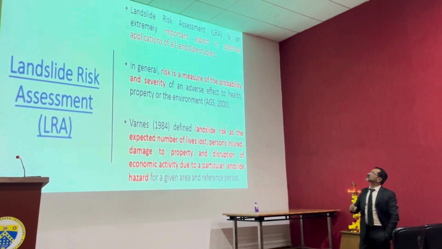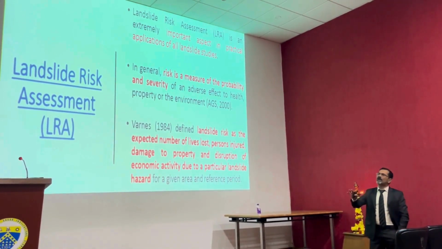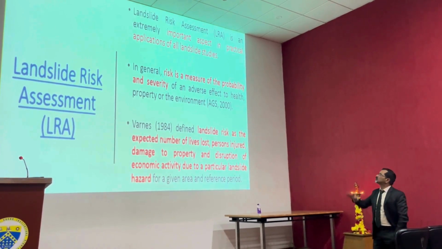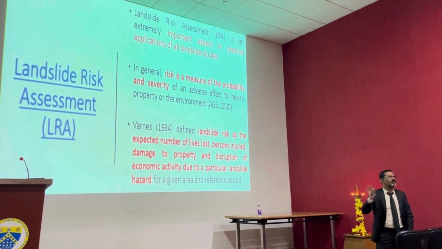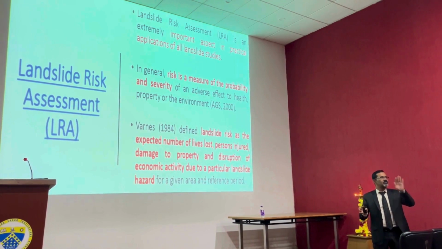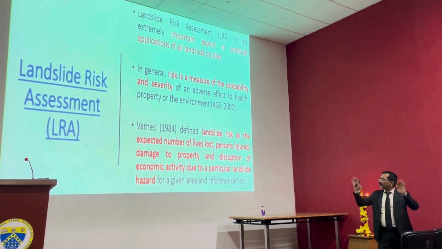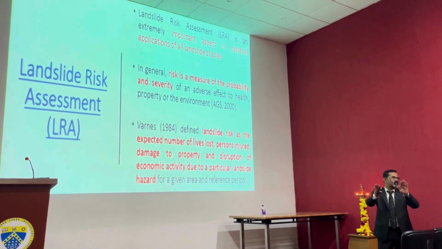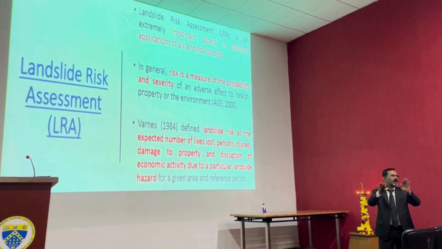Then coming to risk assessment, it is required for practical applications, because our knowledge has to be transferred to the ground. It is a measure of hazard and vulnerability. Hazard is the intensity or severity of a disaster, and we know how that will affect our infrastructure, the society, the community.